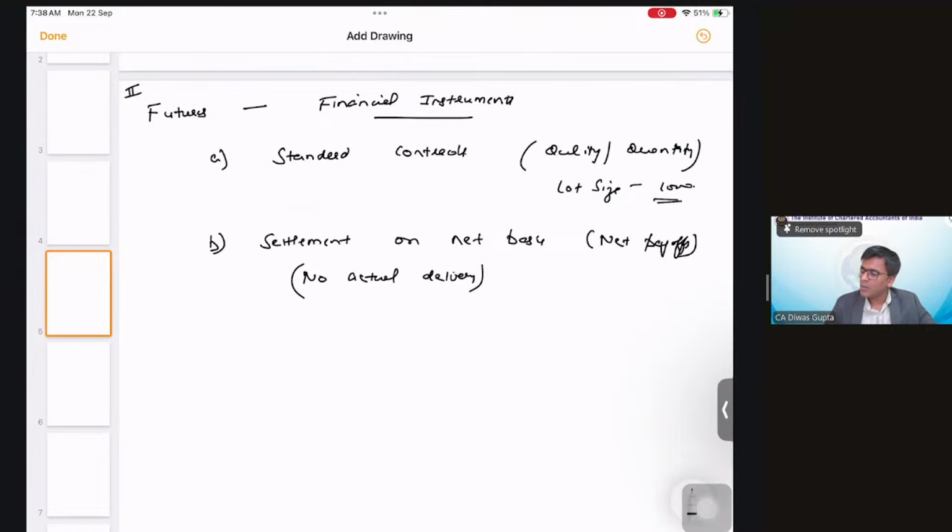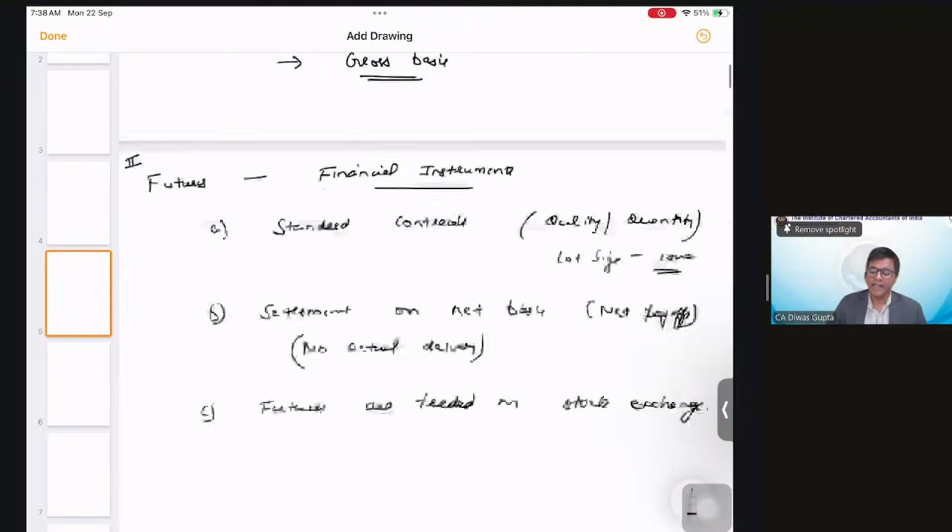Then futures are traded on stock exchange. Futures are very similar to forwards, the way this instrument is designed.